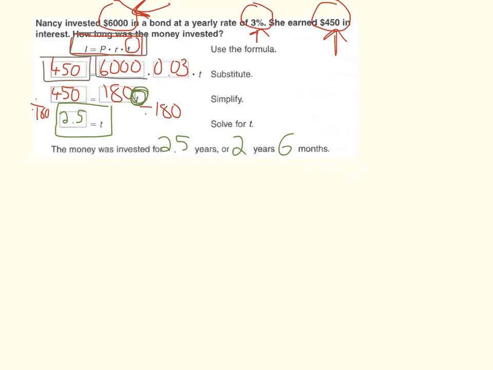We knew that she invested $6,000 as her principal, and it was at a rate of 3%. What we had to do was figure out t. We plugged in the numbers we had, and then we divided by 180 to get t by itself. And that left us with 2.5 years, or 2 years and 6 months.